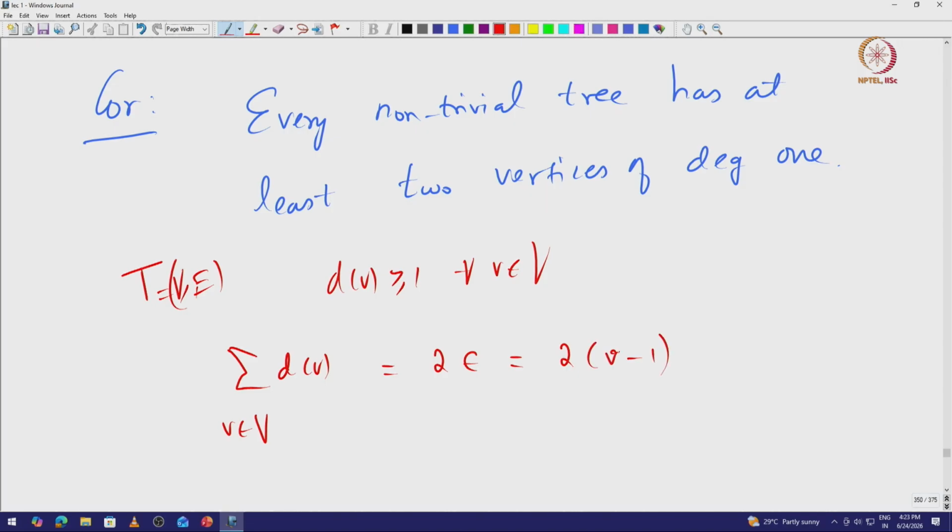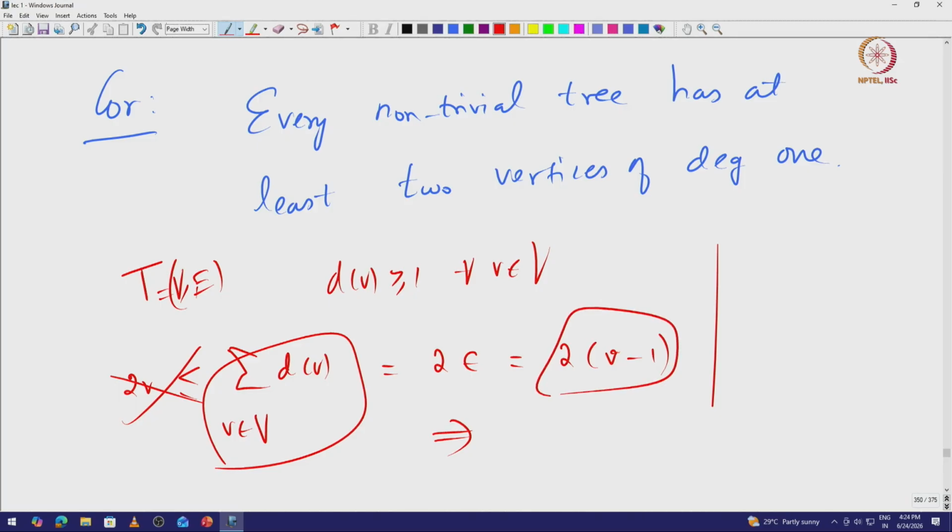Now, if all the vertices had degree greater than or equal to 2, then what will happen? Then this side becomes at least twice the number of vertices, which is going to give us a contradiction. So, that tells immediately that this cannot happen, and that there are at least 2 vertices that should have degree 1, because this entire sum is equal to 2V minus 2.